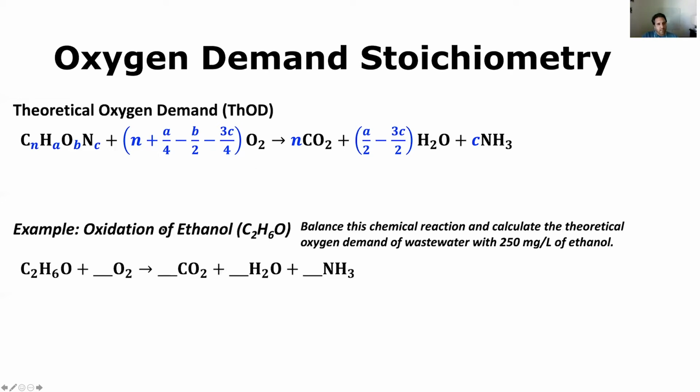All right, so let's see an example here. Let's suppose that we're dealing with ethanol. We want to know what is the oxygen demand of ethanol in a wastewater source. So the first step is to balance the chemical reaction and then use that balanced stoichiometry to calculate the theoretical demand of oxygen from the wastewater. So let's suppose that the wastewater has 250 milligrams per liter of ethanol.